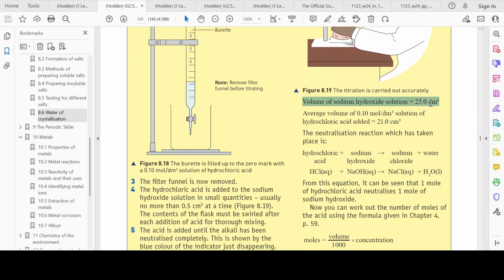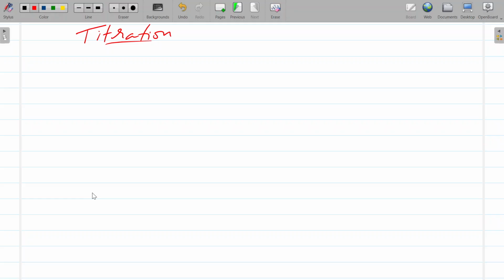Volume of sodium hydroxide is 25 centimeter cube. Average volume: the concentration of the hydrochloric acid is 0.1 mole per decimeter cube, and the volume of hydrochloric acid that you required for the neutralization was 21. So I said 15, but you're doing 21 centimeter cube. To do the calculations and to explain it, I'm moving to the whiteboard.